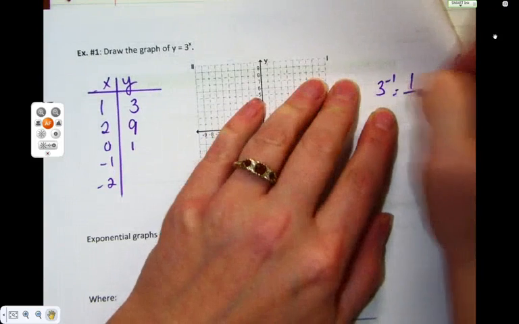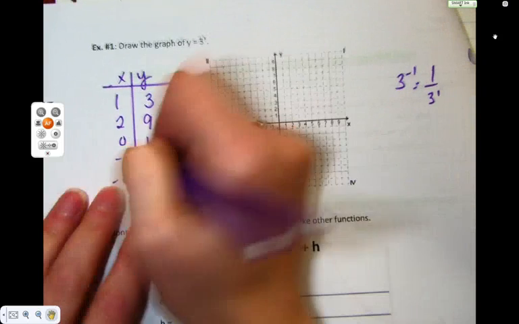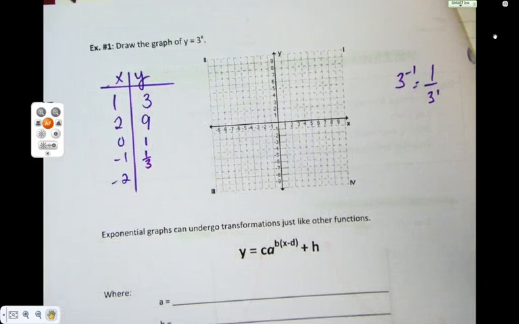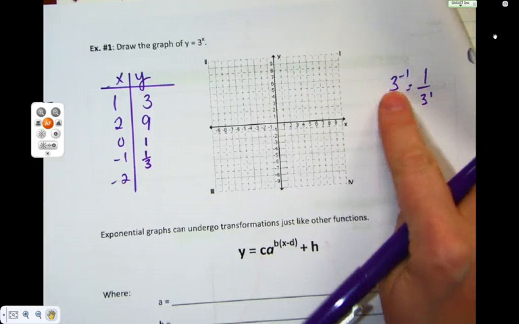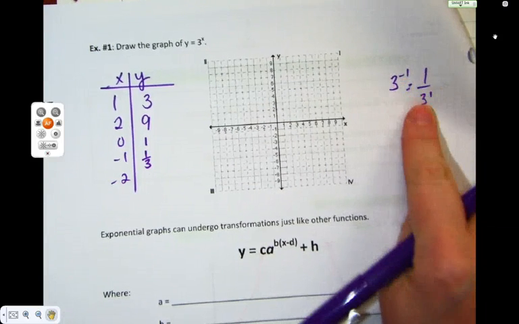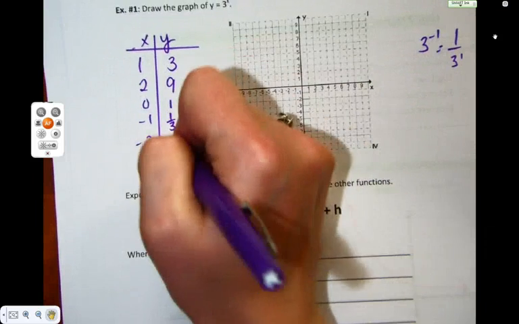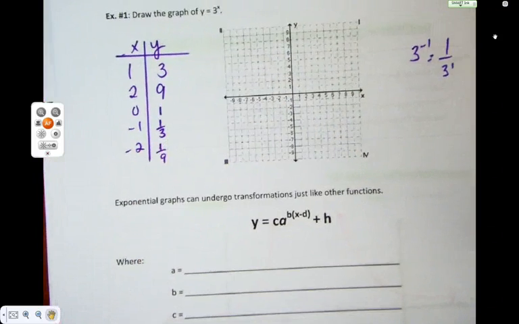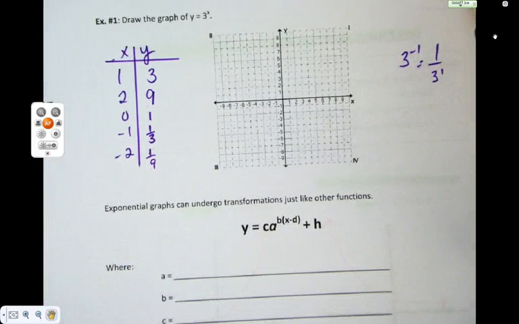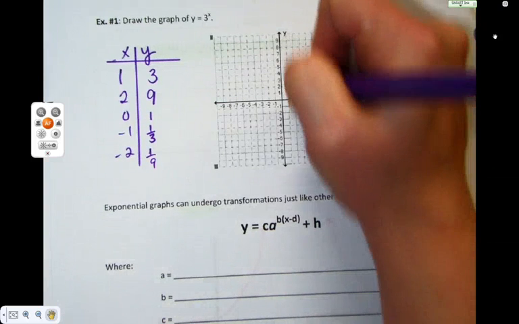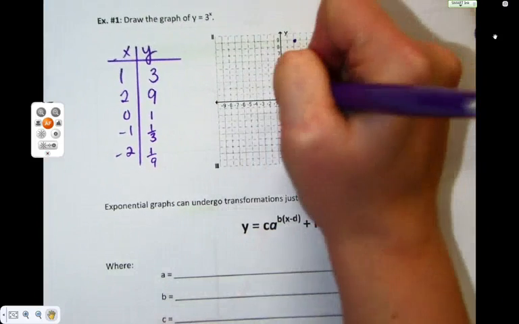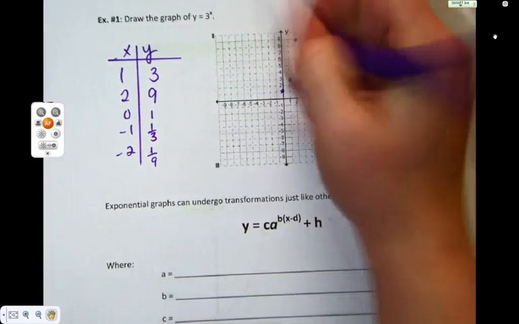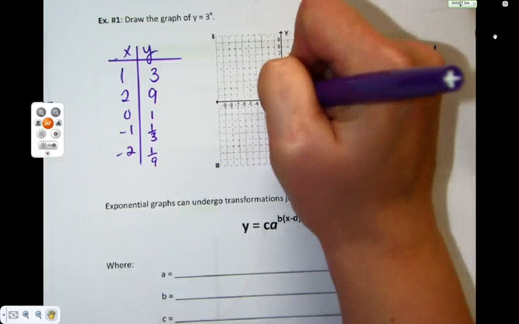It goes under 1, and so we get 1/3. And so following that pattern, if we had 3 to the negative 2, it would be 1 over 3 squared, which is 1 over 9. Okay, so just graphing the points, 1, 3, 2, 9, 0, 1, negative 1, a third, negative 2, a ninth.